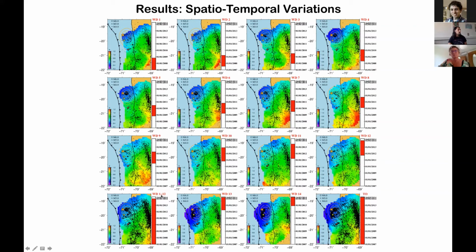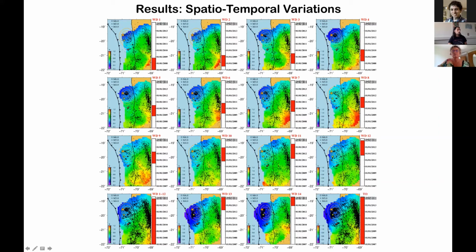This window here, that says window 1 to 12, is the window that I showed in the previous slide. So it's the cumulative b-value for all the previous windows from 2007 up to December 2013. And then window 13 shows the b-value including the foreshock sequence, okay? So we see what we saw already in the temporal evolution of b-value, this remarkable decrease of b-values going to darker colors here, influenced by the foreshock sequence.